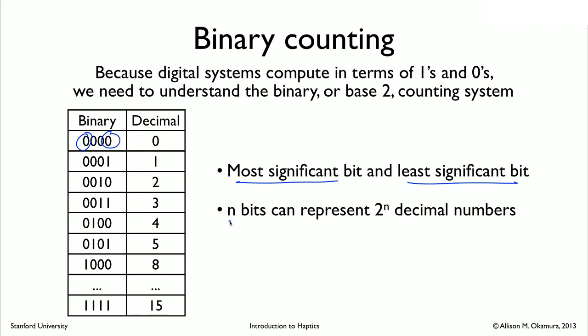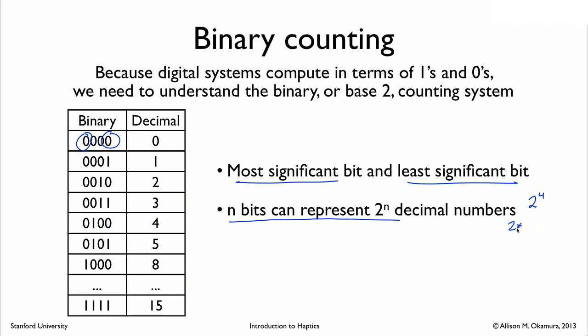The second point is that n bits can represent 2 to the power of n decimal numbers. And you can see this example just from this problem here. So here we had 4 bits, that is 4 bits of information, and so we should be able to get 2 to the 4th decimal numbers.